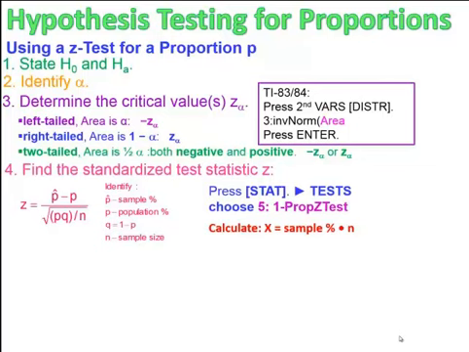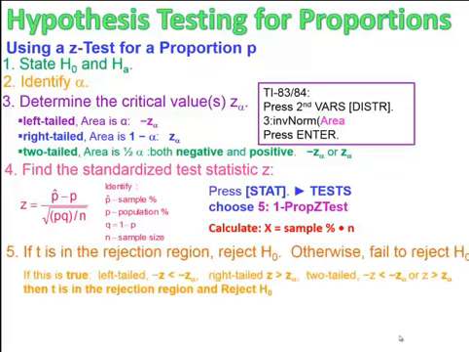Now, if your x value, your sample successes, is not given, you would take the sample percentage and multiply it by the sample size. That will give you the number of successes, which is your x value. The next step is if your test statistic is in the rejection region, you would reject the null, otherwise you fail to reject.